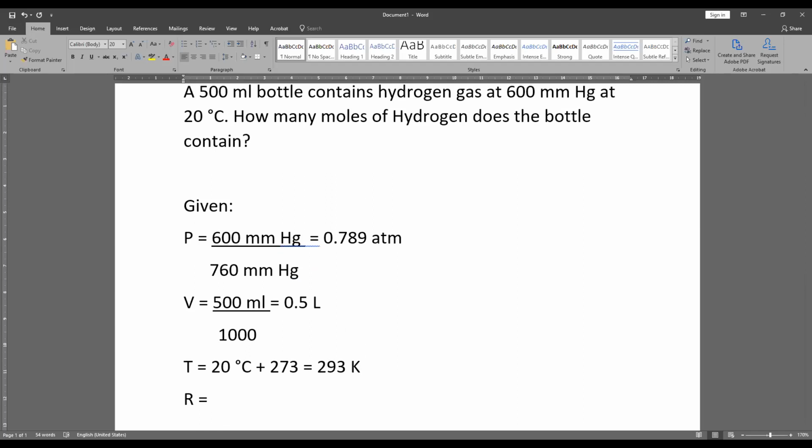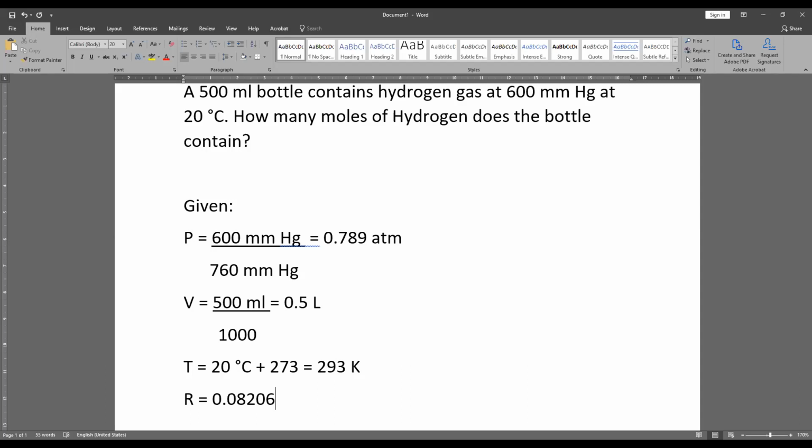What is the proportionality constant again? 0.08206. Okay. Correct?